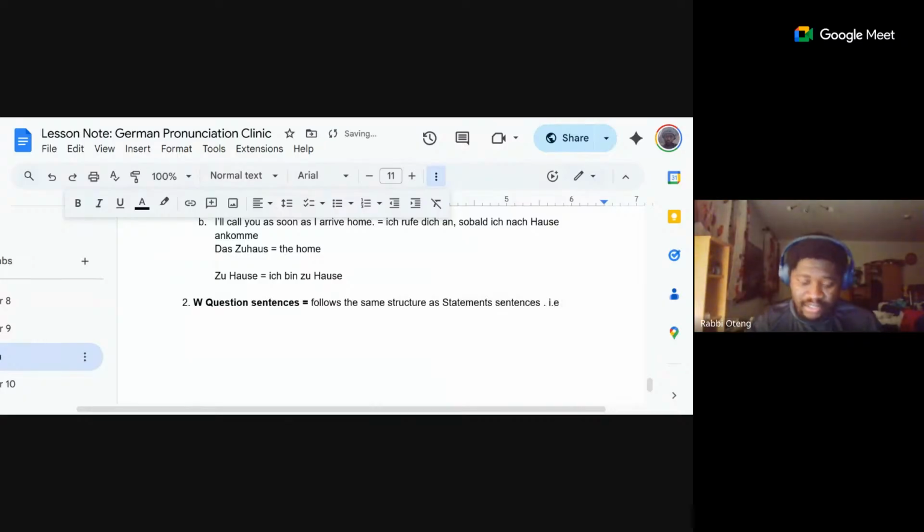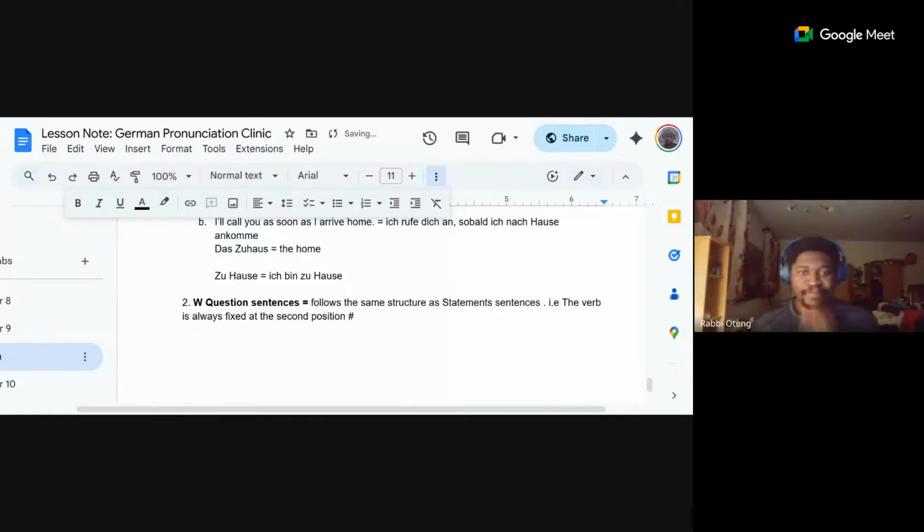That means the verb is always fixed at the second position. Okay.